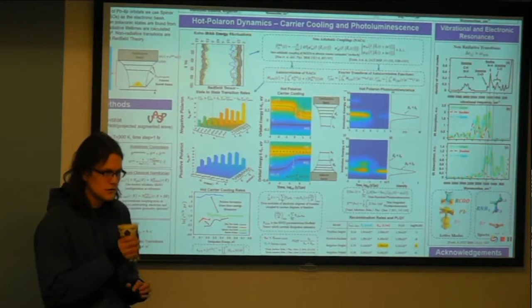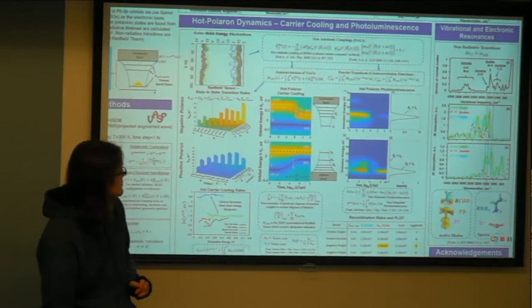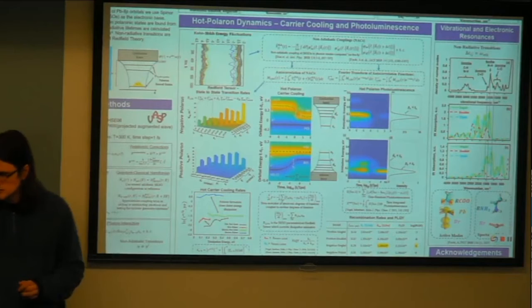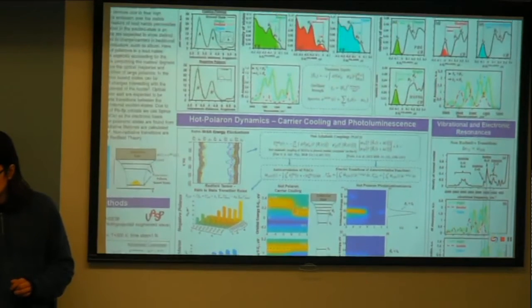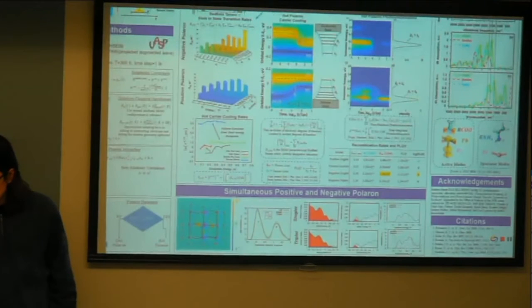So in the top of the poster, you look at infrared absorption for standalone polarons. In the bottom, you look at absorption of the simultaneously existing polarons.